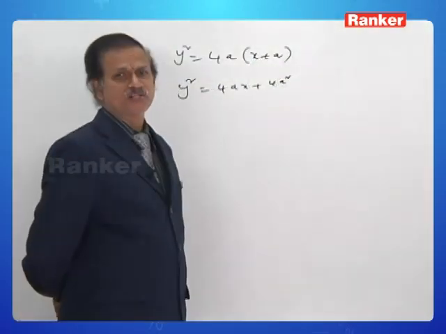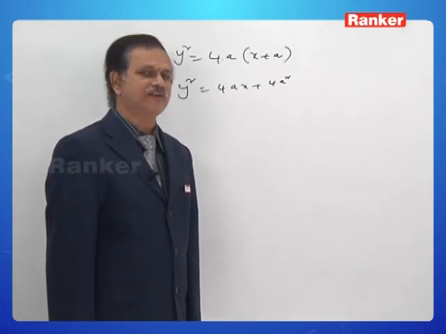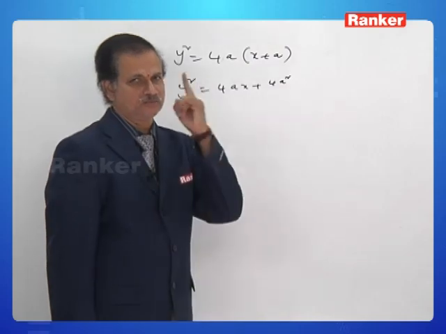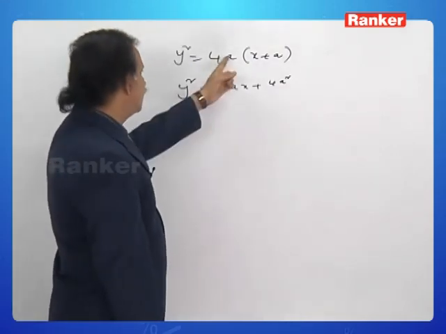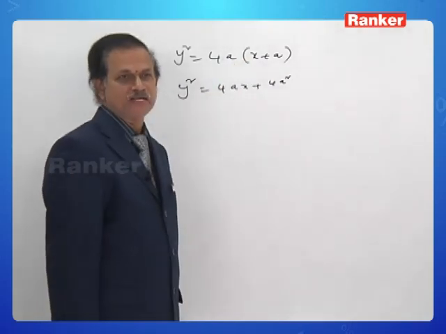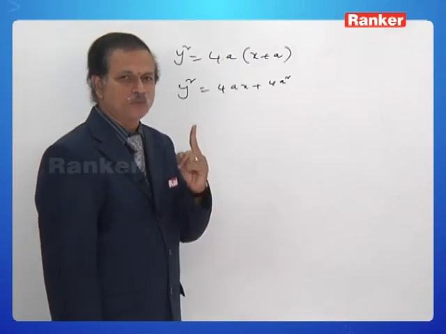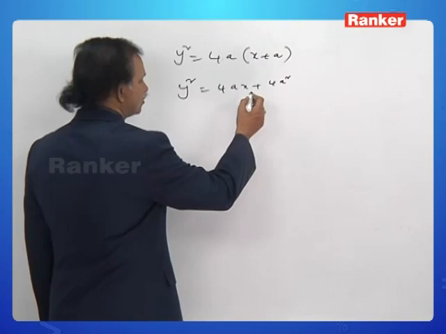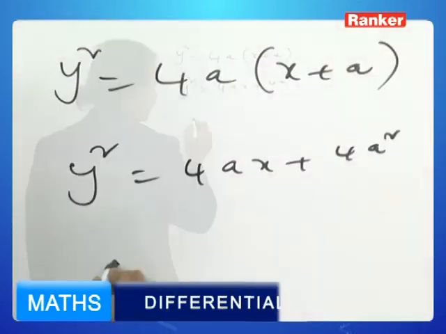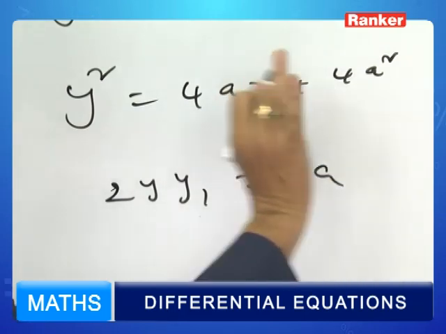Please tell me how many times you can differentiate on both sides. Just only once. Why? There is only one constant here to be eliminated. Let us do that. Differentiating with respect to x on both sides, what is the derivative of y square? 2y y1 is equal to 4a. That's all.